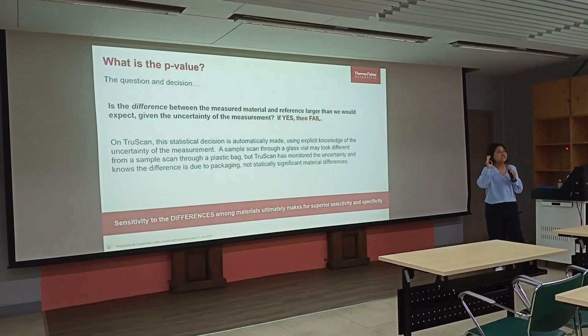They measure the similarity. They compare the reference spectra with the sample and check how similar these two spectra are. If the range you set is 90%, then if you get more than 90%, it means pass. This is how HQI and CC work. They compare how similar the two spectra are.